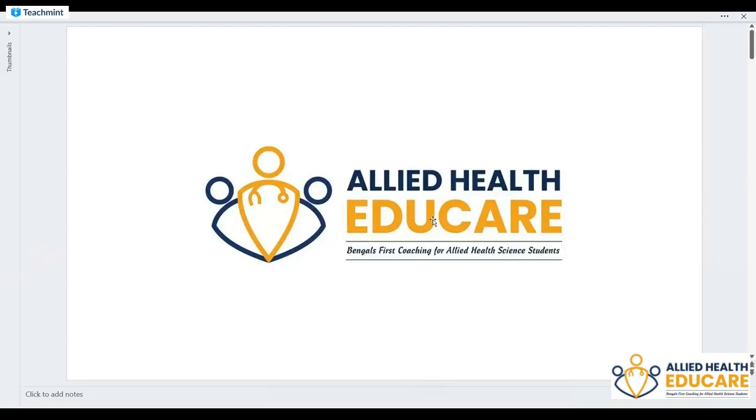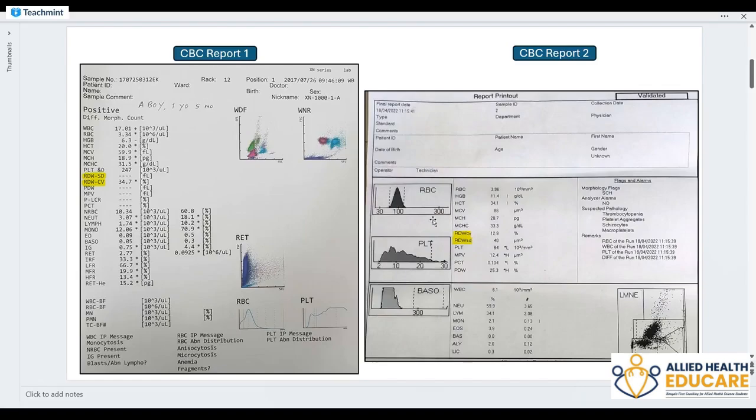So what is RDW? Every day we have to run many CBC samples. There are lots of parameters. Some parameters consist of cell counts, that is RBC, WBC, platelet, and some parameters consist of differential count. Lastly, there are some special parameters called RBC indices.